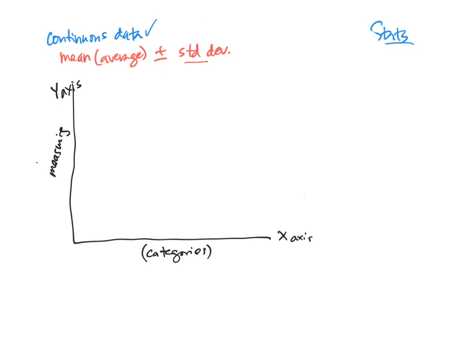And our y-axis is going to have our continuous measurements. The categories we might care about in this class are wild type plants versus mutant plants. Or maybe we care about, let's care about cow versus fish. So we've got two categories of data and we're going to measure in both of those categories.